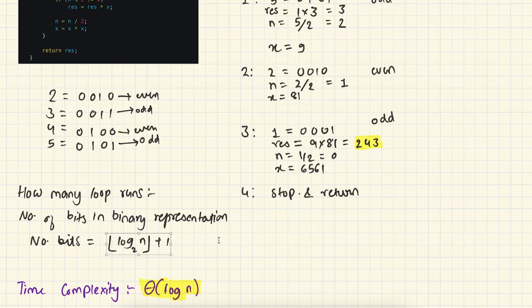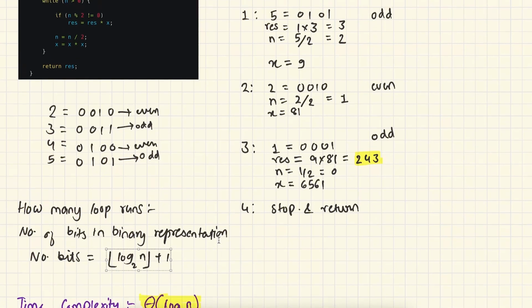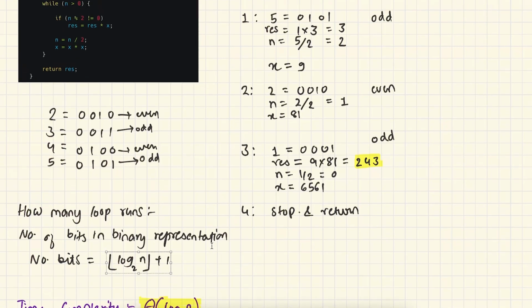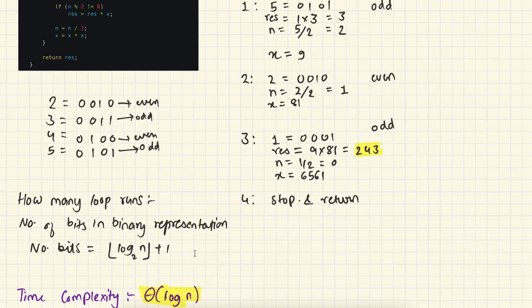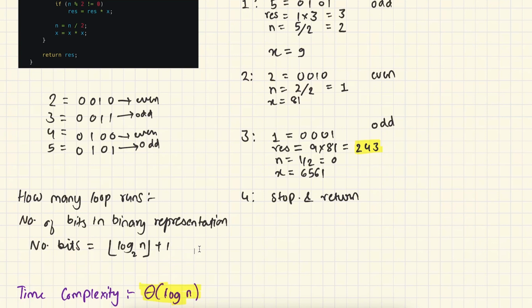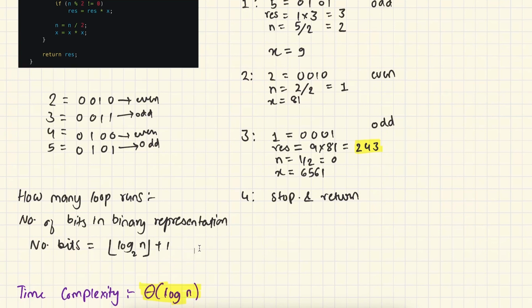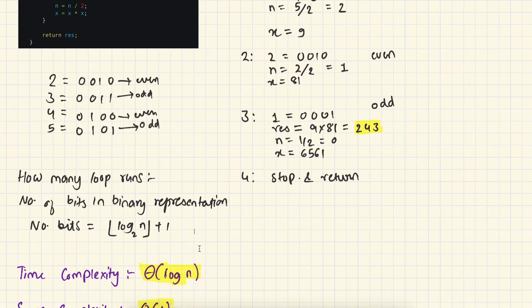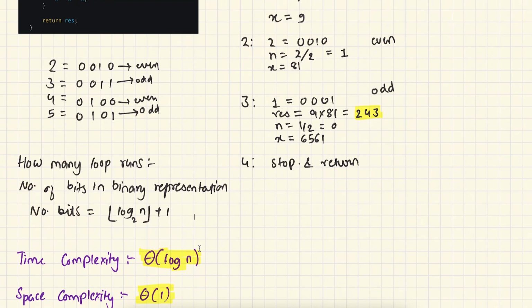That there are log n plus 1 bits in any binary representation of a number. Okay? So it means our loop is going to run log n times. We are simply ignoring 1 because in asymptotic analysis we generally do not care about constants, right? So finally the time complexity of this function comes out to be theta of log n.